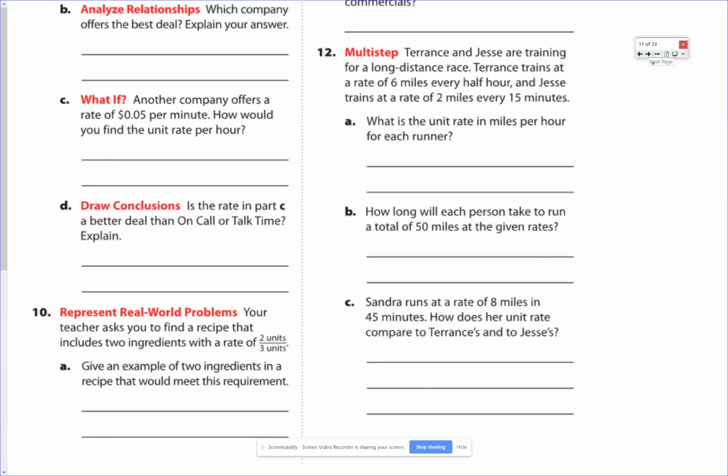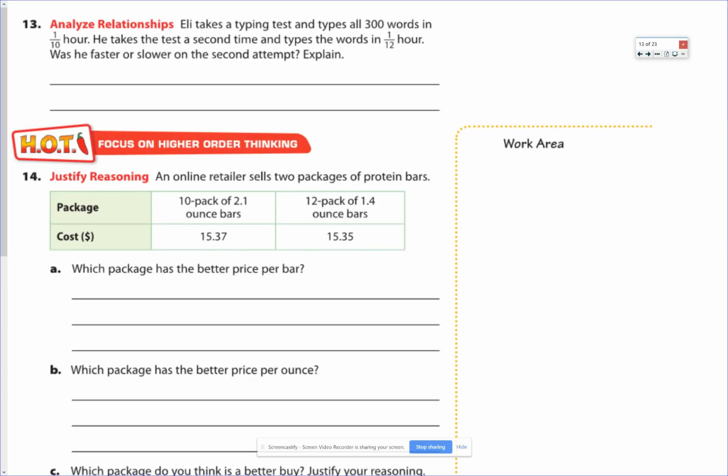Let me hop over and look at the next page quick. Yeah, I'll have you go right through 13, okay? There's your assignment. Use your calculator. Write down those labels and make sure you write per minute or per hour or whatever it is. Make sure you have both labels in there. Good luck, and may the force be with you.